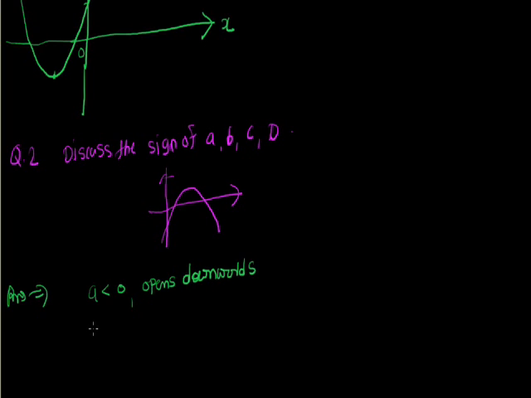Then next we see D. Since it cuts the x-axis at two points, D is greater than 0. Why is D greater than 0? Because it cuts the x-axis at two distinct points.